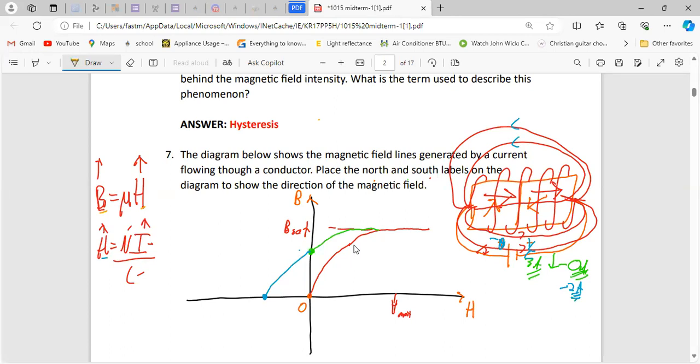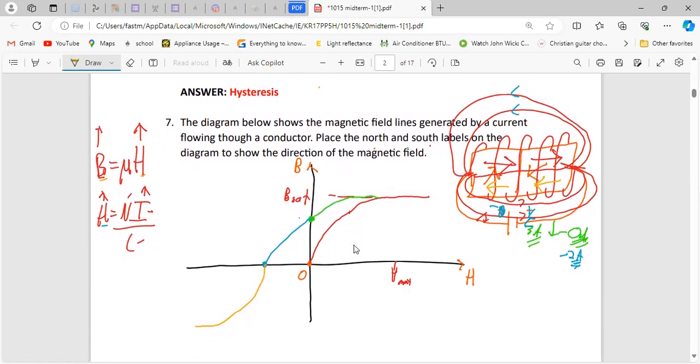So after a long period of time, all the domains that were initially in the opposite direction will align in this direction. The same thing will happen again: it will go up and saturate. There's B sat, and the negative is minus B sat, just like we did before.